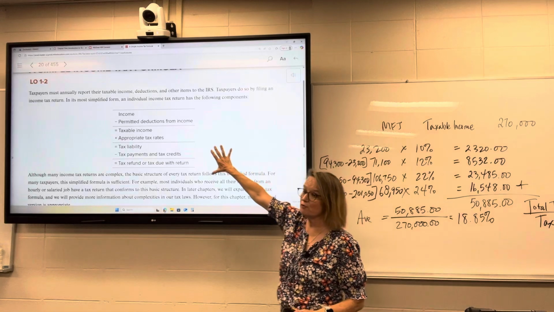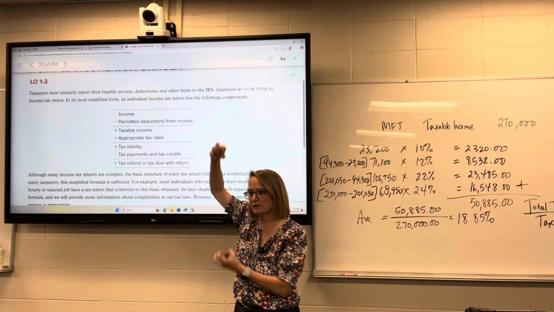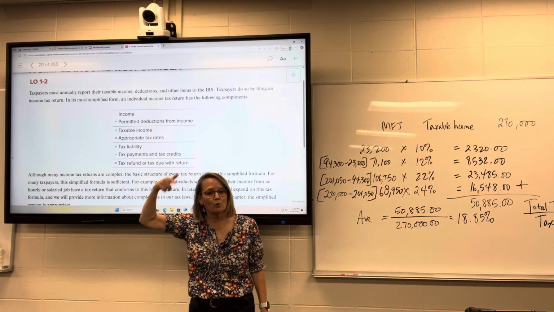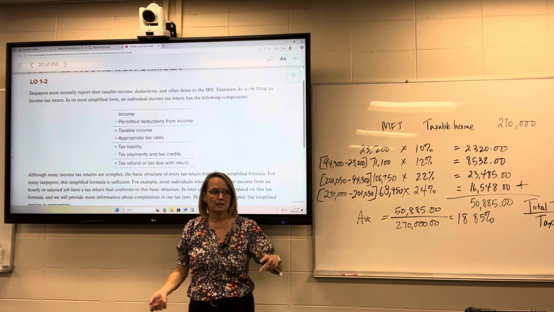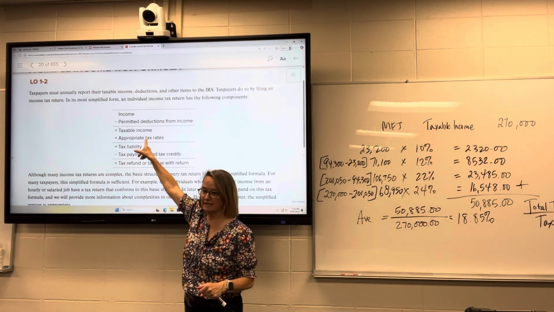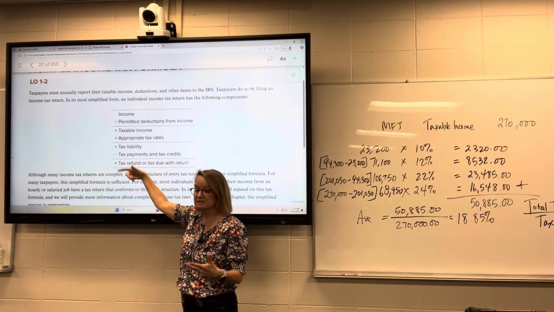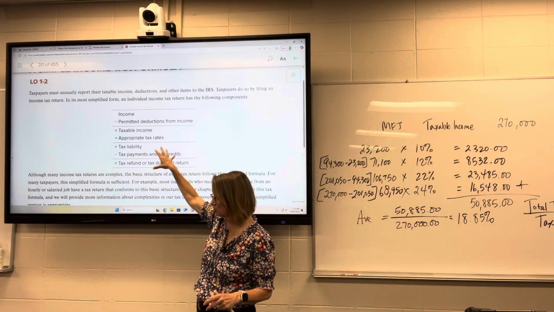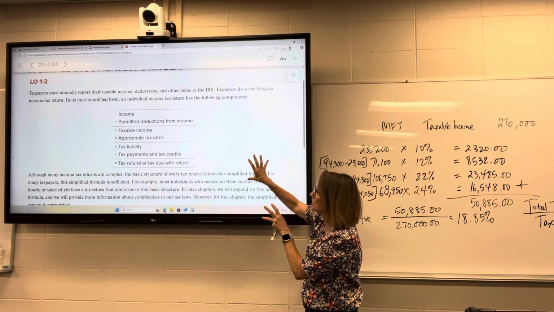This simple formula, if you can get this down, and then in Chapter 2, it's a little bit more expanded formula, you can reference this to kind of remember where do things go. Like, oh, I have this deduction here. Okay, I know that I need to subtract that before I get to my taxable income because it's up here, right? I'm not going to subtract it down here because it's a deduction. So this can help you as a guide when you're getting started, okay, to figure out where things go.